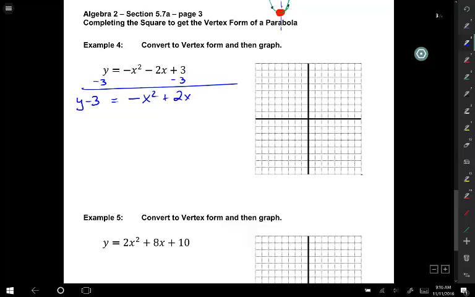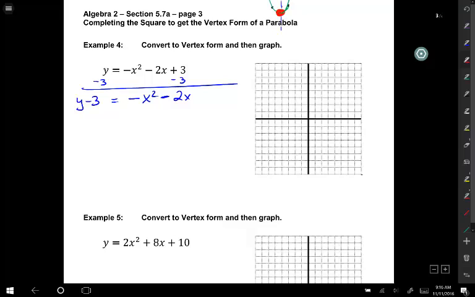If you remember back to our original instructions, in red, the second instruction said... Yes, sorry. Thank you. Our instruction said, if there is an a value, factor it out. Now in this one, we finally have an a value we can factor out. What's the number in front of the x squared?